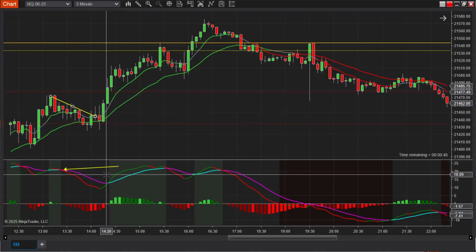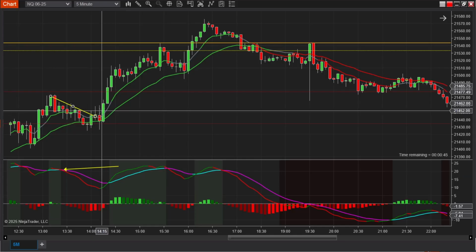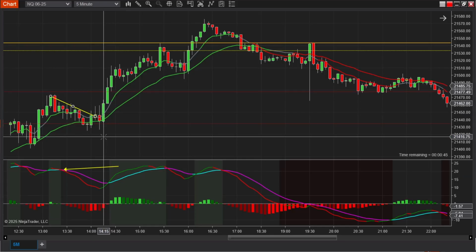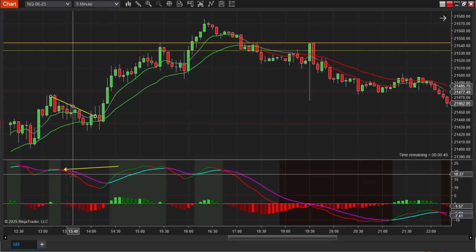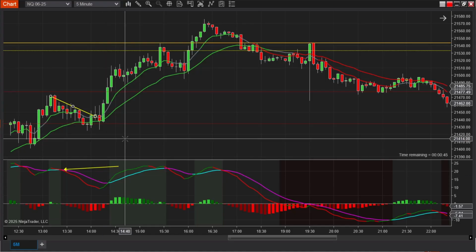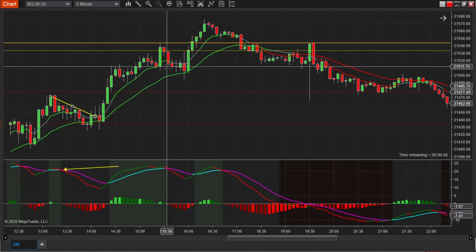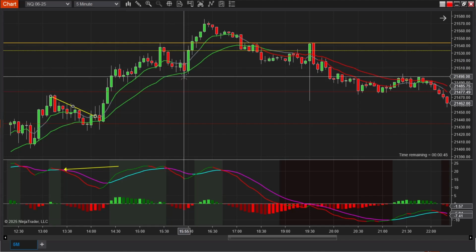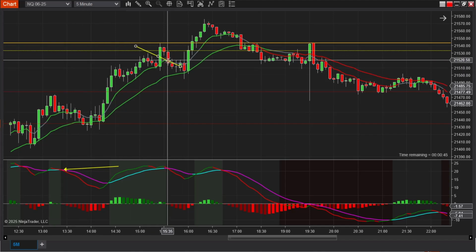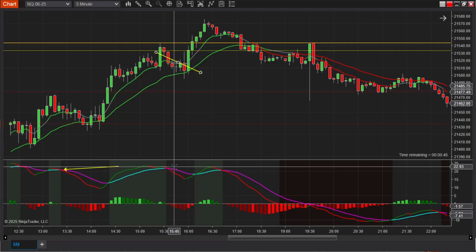As it crosses up, the pullback is already done and we're moving up. So this is showing you exactly where the pullbacks are, and where the pullbacks are finishing. It comes back, we have a cross here, another pullback. And these are the standard MACD.